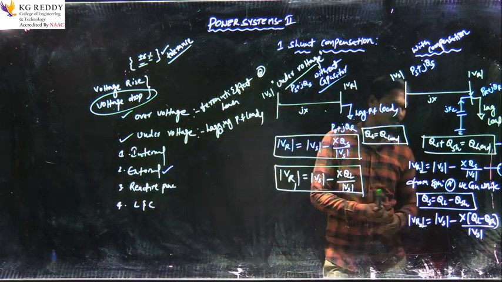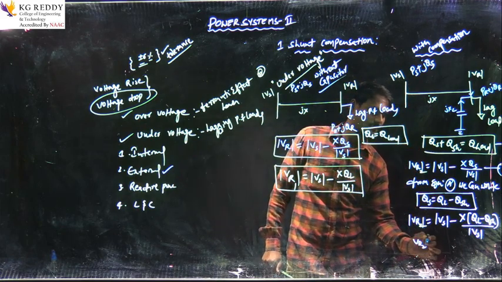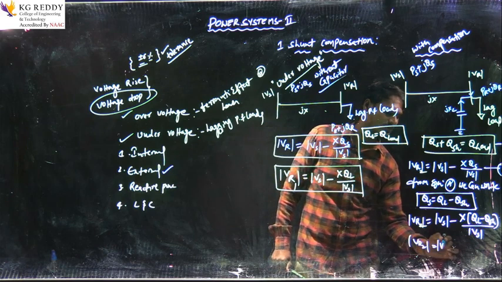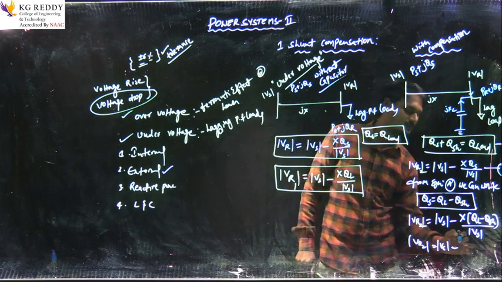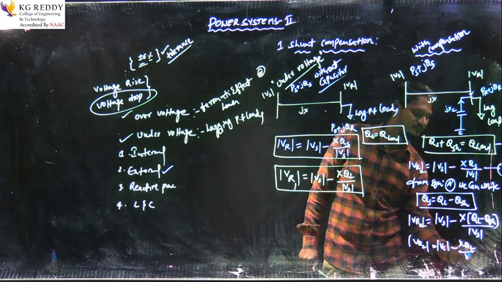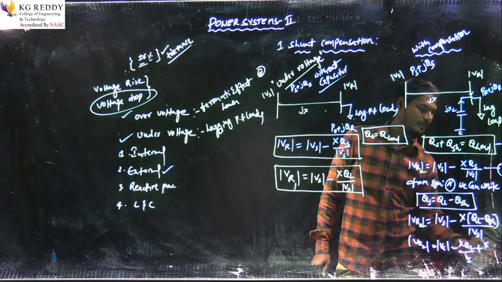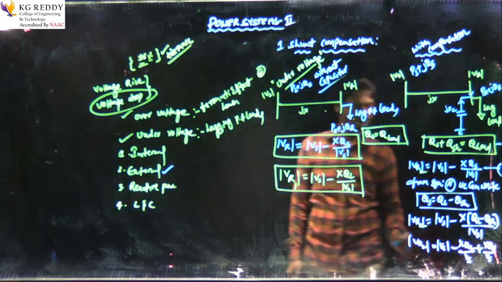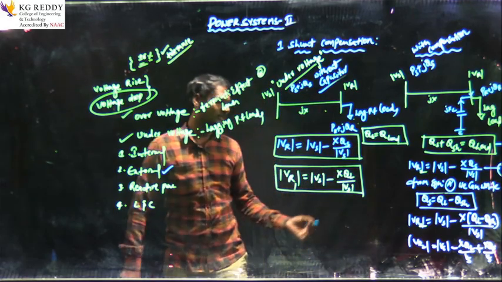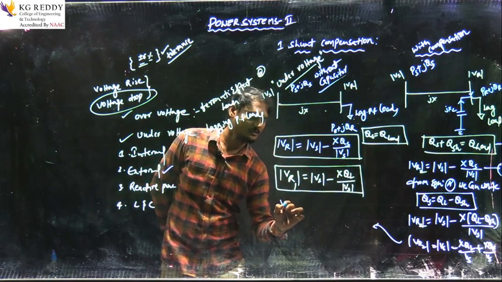Now if you see here, VR2 = Vs - X QL / Vs plus X QSH / Vs. I am writing the same equation here once again, please go through this.